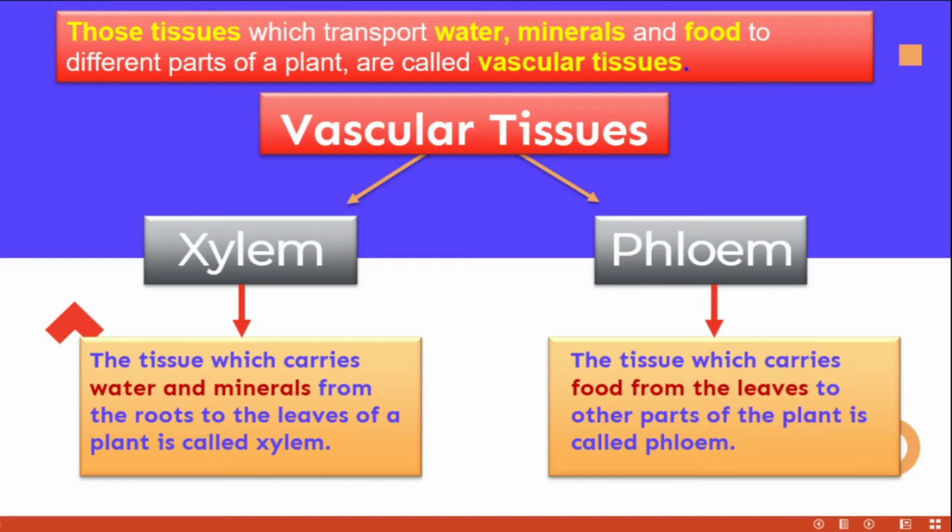The leaves are called the food factory of the plant, because photosynthesis takes place only there, so foods are produced there. From there, the food is distributed to all other parts of the plant. Which tissue helps to transmit food? Phloem. Which tissue helps to transmit water and minerals? Xylem.